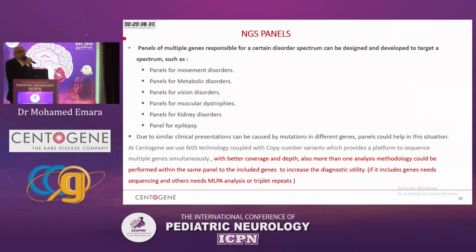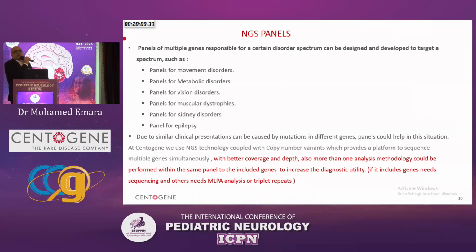We cover all panels by NGS and copy number variants, which gives the physician more clinical utility than NGS alone. Moreover, we have uniform platform coverage for all genes in the panel. We also included in each panel the genes that could be covered by the repeat expansion technique or by the MLPA technique as add-ons for the panels.